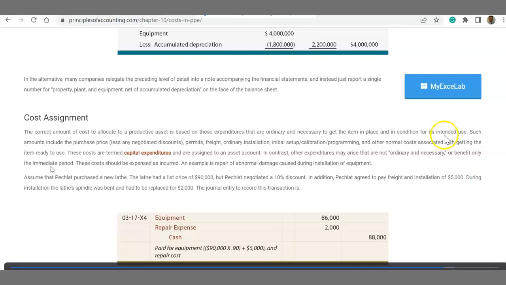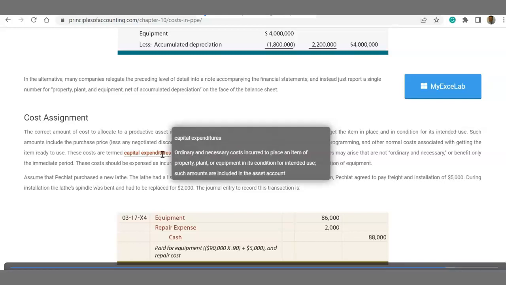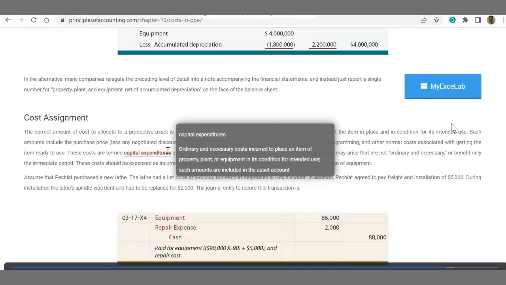Revenue expenditure means you spend money for daily business operation, utility expense, rent expense, insurance expense, daily business operation to generate revenue. However, we have a secondary expenditure also. Not revenue expenditure, but we call it capital expenditure.